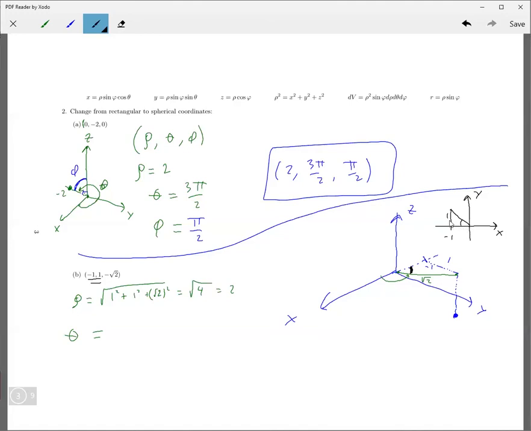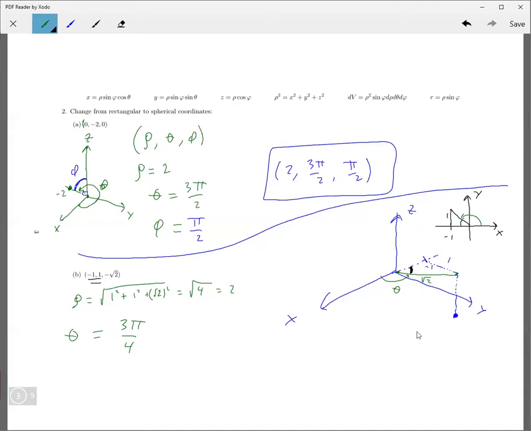So this side is 1, that side is 1. So this angle is pi/4, right? Which means this green angle is what? Which is this angle here. Okay, that's 3pi/4, because the whole thing going from all there to there is pi, right?